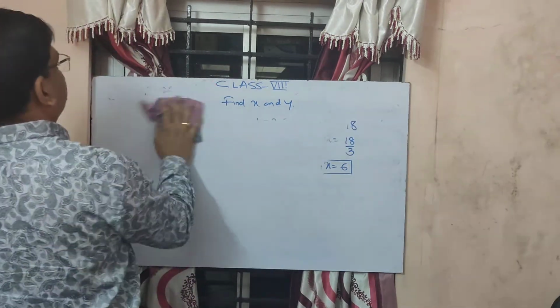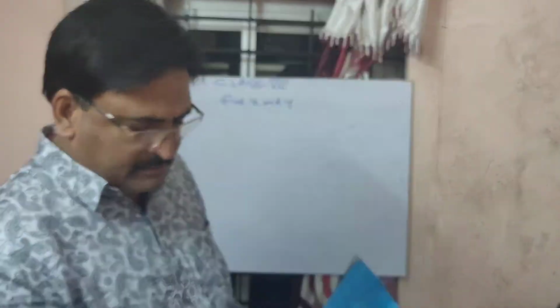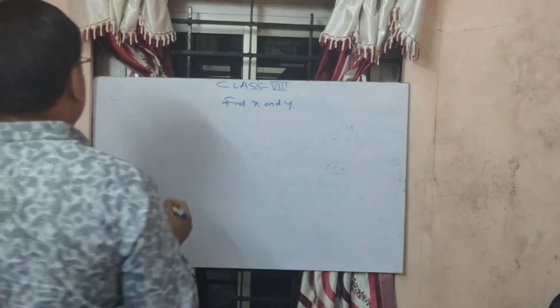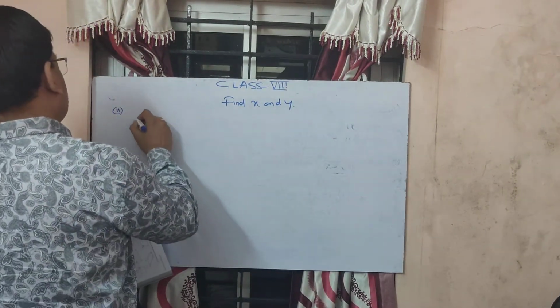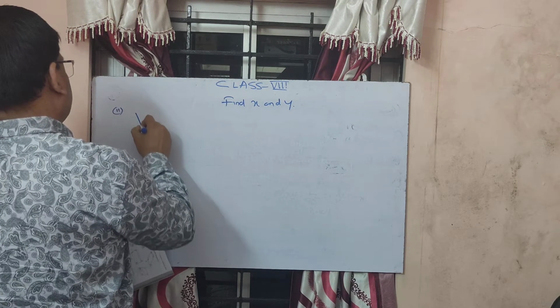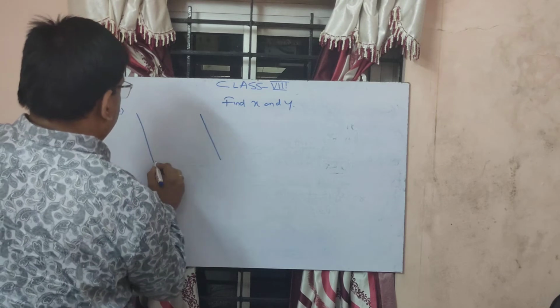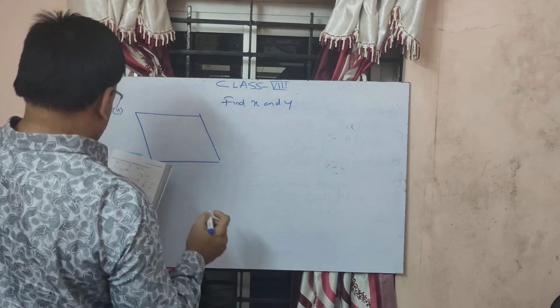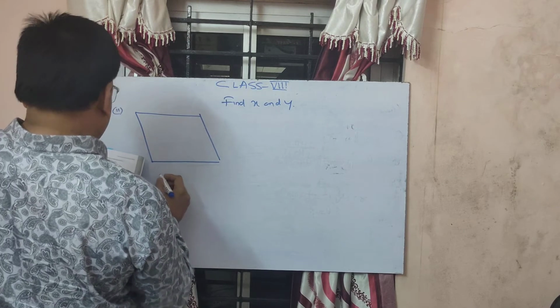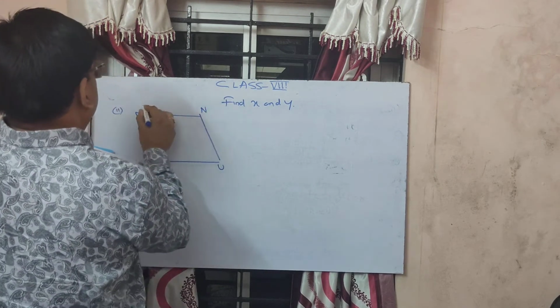Again, draw the second figure. Again, here also you need to find x and y. Now the second part here. Draw the figure properly. Okay, RUNS, R-U-N-S.